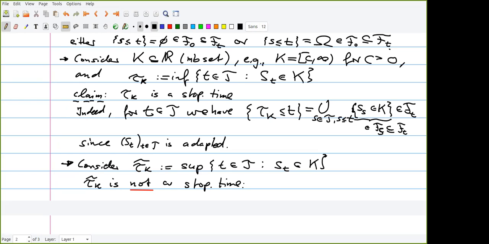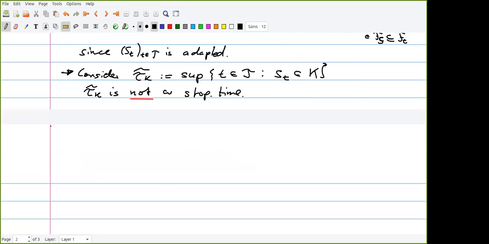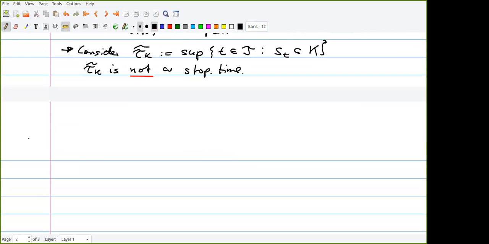This means we cannot decide at time t whether or not to exercise or to stop this process. Intuitively, it's rather clear what to do, but one needs to be careful and always check if something is a stopping time or not.